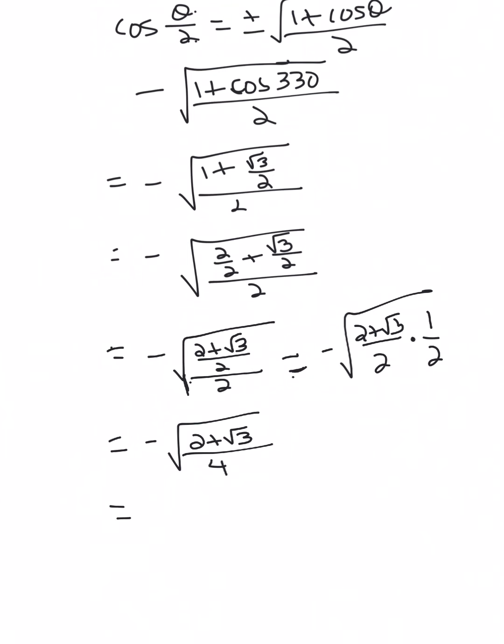Rules for square roots say you can split it into the square root of the numerator and the square root of the denominator. We cannot do anything with the square root of the numerator, so it's going to stay the square root of 2 plus the square root of 3. But the square root of 4 equals 2. Now that is your final answer.